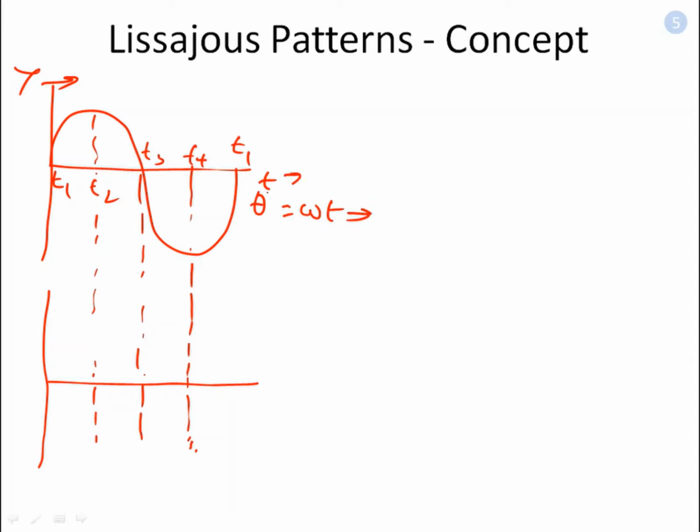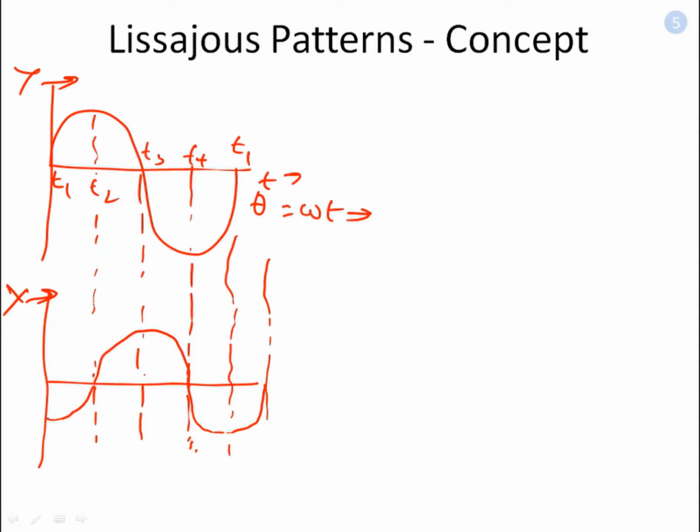If you take theta equal to omega t, you can find it in the form of angle. So at the peak you will see that this is 90 degrees. So from the peak I am starting the input to the X plate. So it should go like this, just lagging behind by 90 degrees.